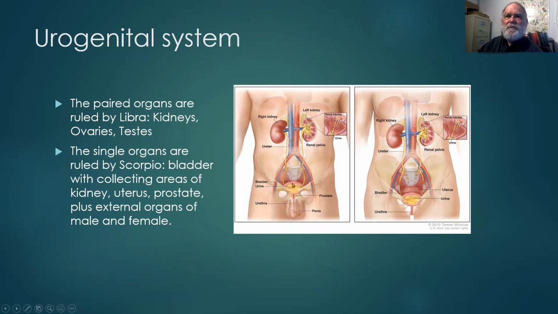The prostate gland is Scorpio. The external male reproductive organ, the penis, is Scorpio. Coming down here, the female: the kidney is the same, the bladder is Scorpio, and the ovaries would be Libra.